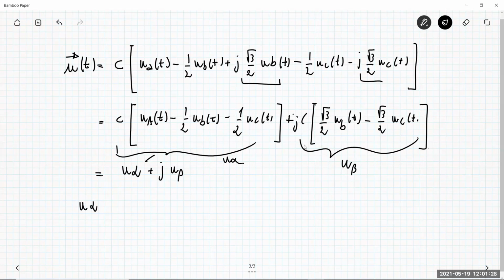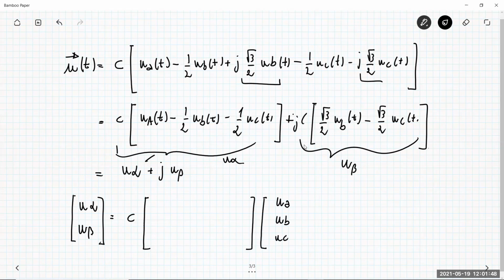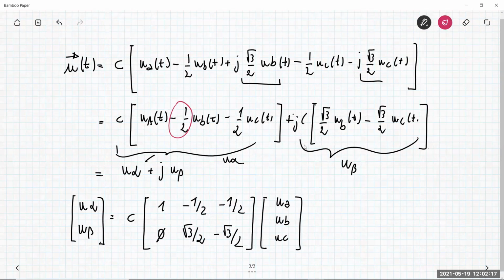So we can have u alpha and u beta given by the multiplication of the constant c by the vector ua, ub, and uc, and then you have 1, negative 1/2, negative 1/2, 0, square root of 3 over 2, negative square root of 3 over 2.